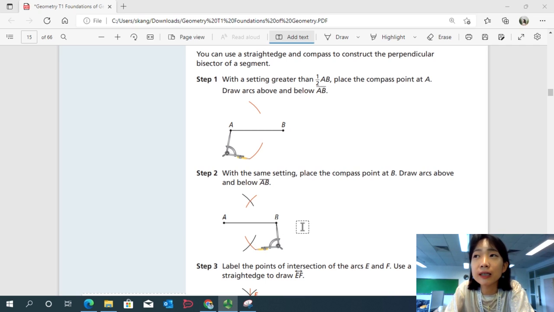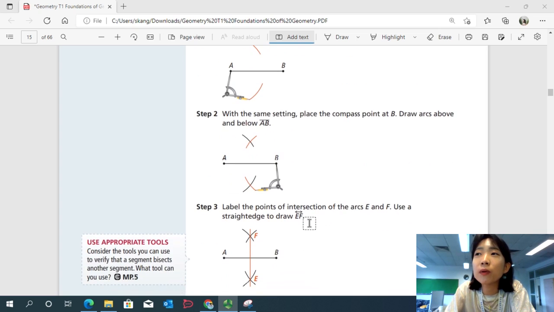And with the same setting, you're going to place the compass point at B, and you're going to draw two arcs above and below using the same setting. That means these intersection points are going to be the same distance away from points A and B. Does that make sense? Because you use the same setting on your compass, it's going to be the same distance away from points A and B.